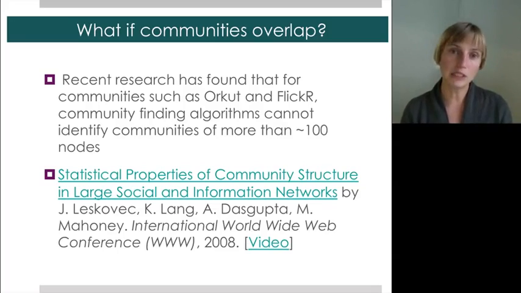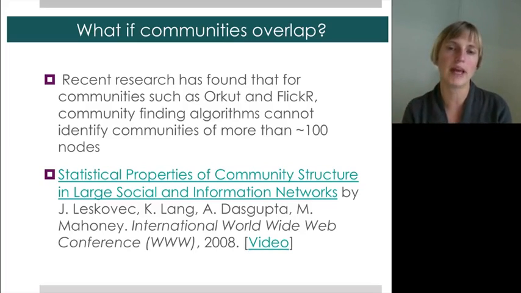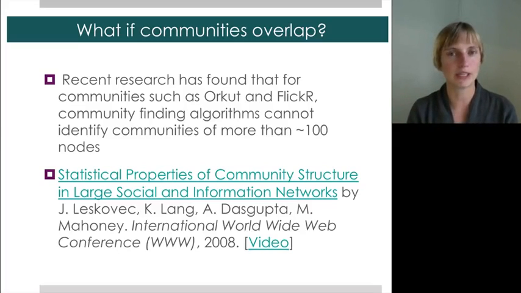But each of those individuals has lots of other contexts, so their other school or their other work that's not related to you, and this gives a very dense interlinked structure that's very hard to partition in the way that a lot of these algorithms would like to do it.